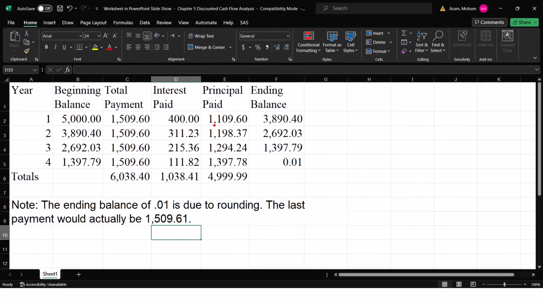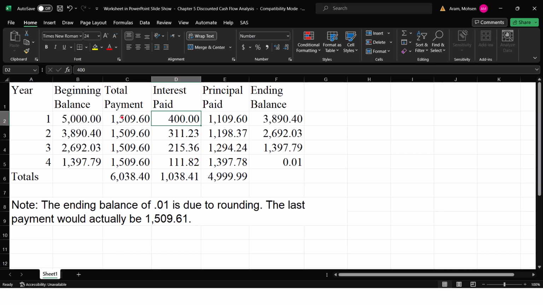In the Excel sheet, you start with $5,000 and you're going to make 4 equal payments each year. In this case, the amount of interest would be 8% of the balance of the loan each year. So 8% of 5,000 is 400.